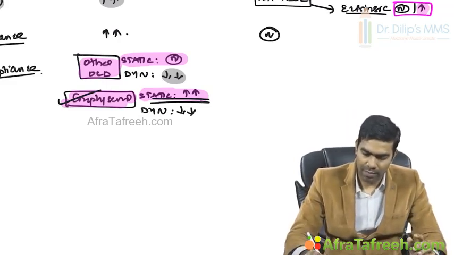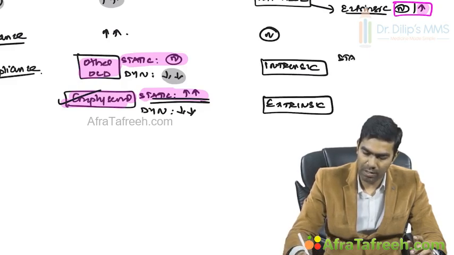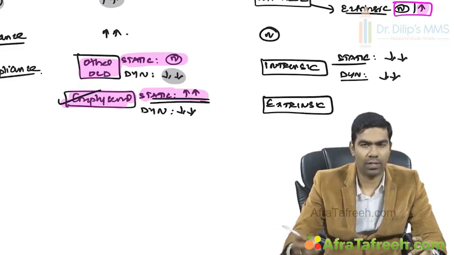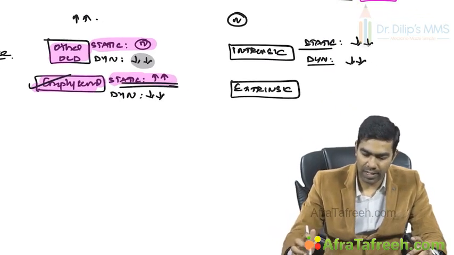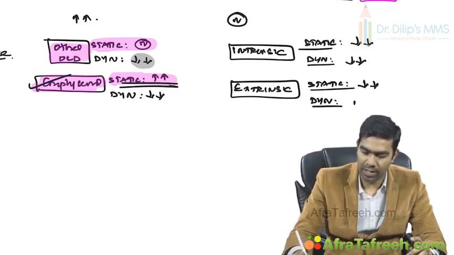Here again you have extrinsic versus intrinsic, which means intraparenchymal versus extraparenchymal. Intraparenchymal I am going to call intrinsic, extraparenchymal I am going to call extrinsic. So what will be the static compliance? It will be definitely reduced, there is no doubt. And the dynamic compliance also will definitely be reduced because the static itself is reduced. In extrinsic disease, static compliance will be reduced, whereas the dynamic compliance can be relatively normal.